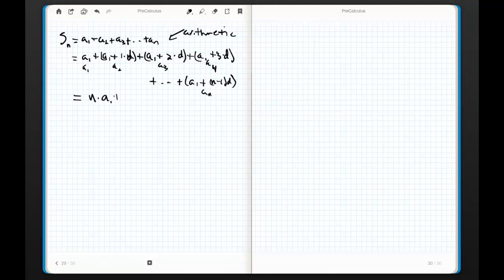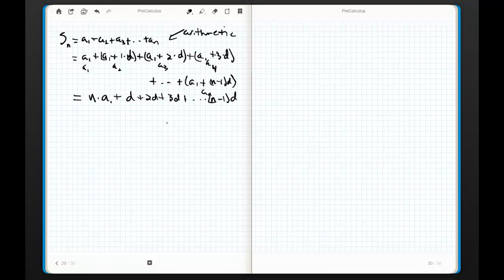Now, watch this, because this can get a little crazy. The first term here is going to be D plus 2D plus 3D plus dot, dot, dot. Now, what's my last term going to be? It's going to be N minus 1 times D. Okay?